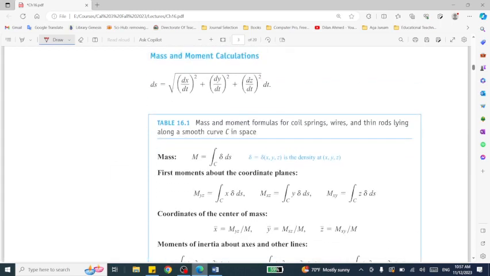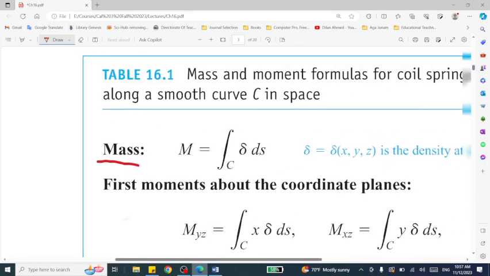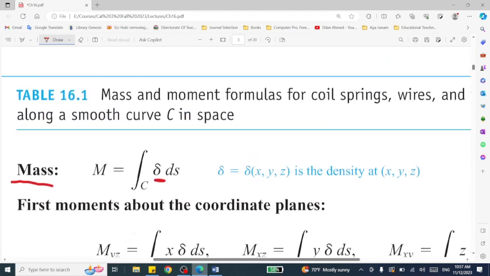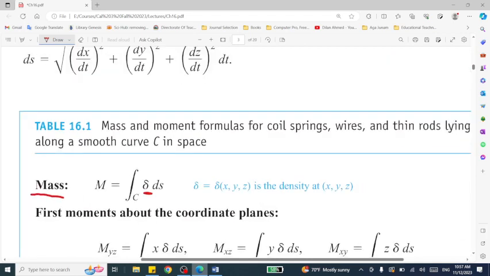Now we have the last thing in section 1: mass. Listen, we have this density function that is very important for engineering, especially civil and petroleum, they will use it.